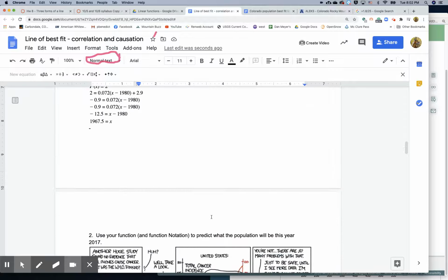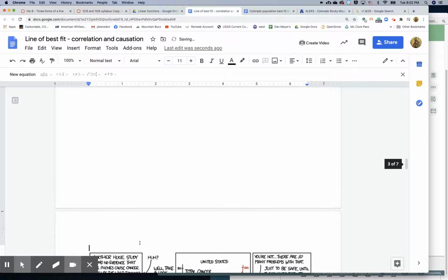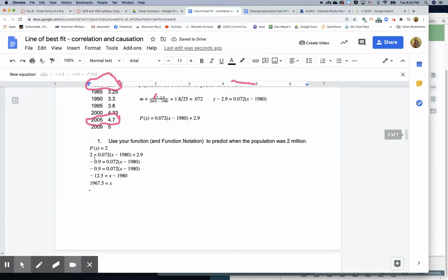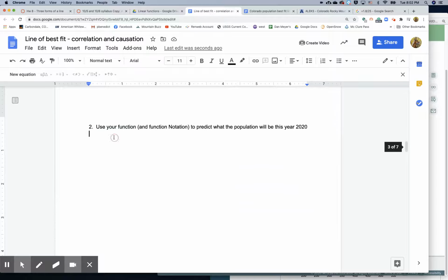Now, if we go down here, we wanted to find out the population this year, which is not 2017, it's 2020, right? We can go up here and grab our equation and plug it in here. And that unit matches up with my x coordinate.